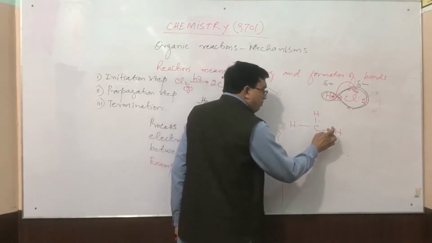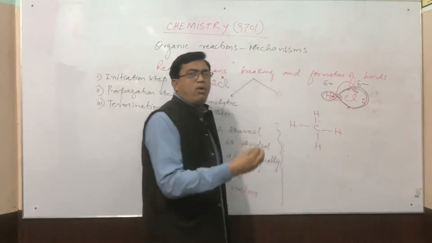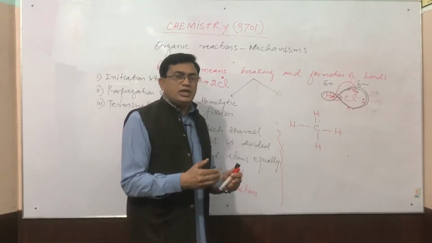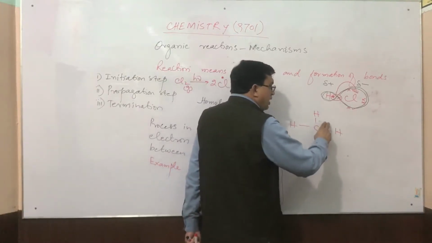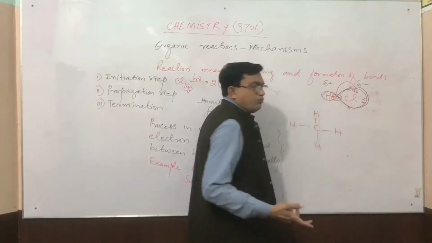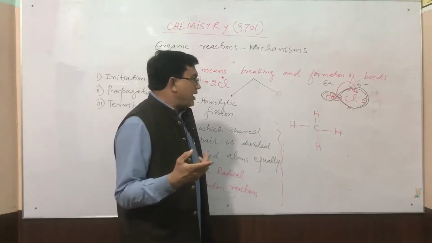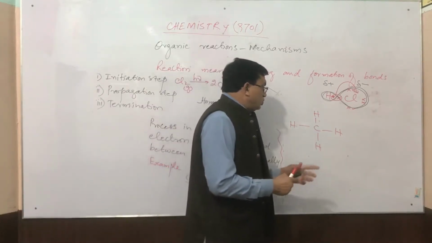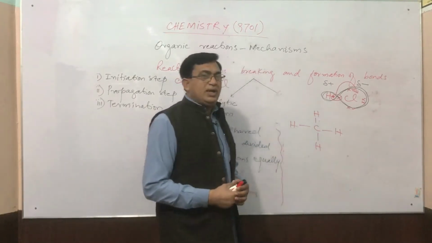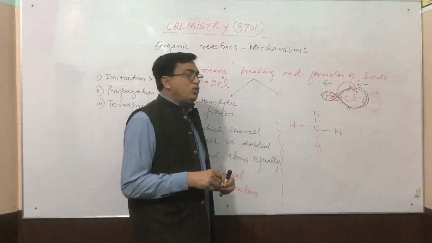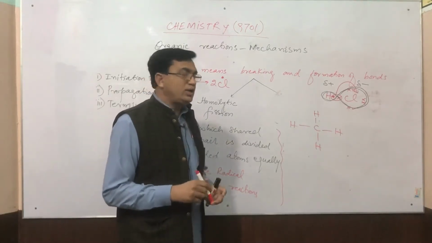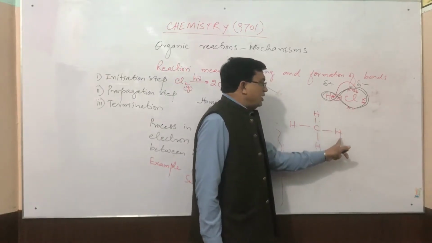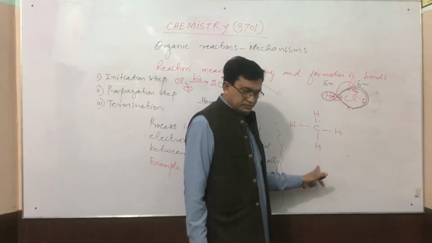Whenever we break all these bonds, homolytic fission will take place and hydrogen atoms will be produced with an odd number of electrons, and then those free radicals of hydrogen combine together to give hydrogen molecules. That's why in this case homolytic fission will take place.